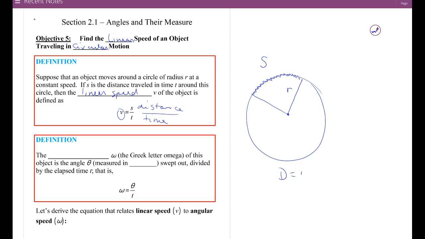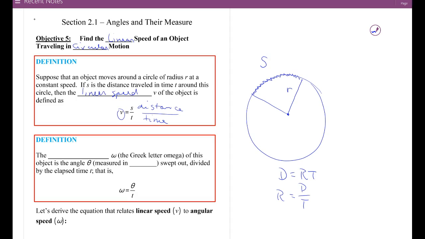Just like you know from algebra, distance equals rate times time, so rate or speed must equal distance over time. So this really isn't something new, we're just talking about it in terms of running around a circle. So this is how fast are you running.